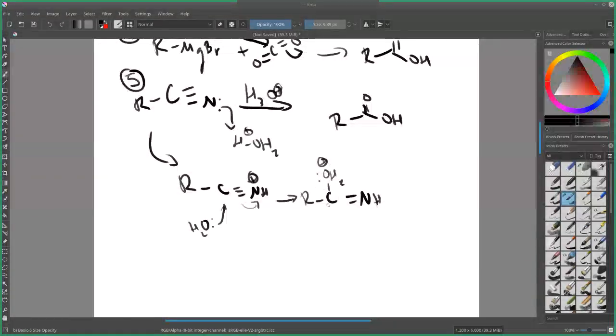I would say this is probably a good mechanism to know. From what I remember, it didn't really come up very much, but I could definitely see him asking about it. So yeah, it's good to know. From what I remember, it wasn't a big point in the course, though.